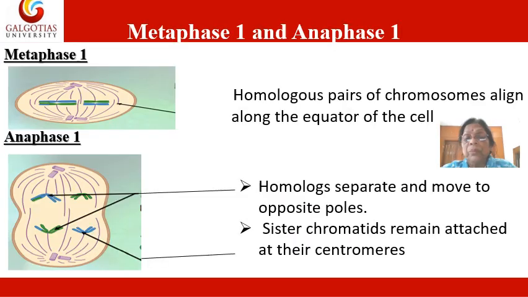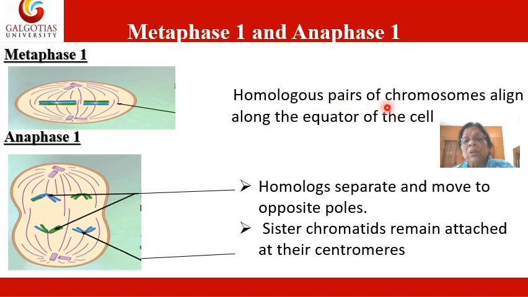So now metaphase 1 and anaphase 1. In the case of meiosis, Prophase 1 is very important, because during Prophase 1 the phenomenon of crossing over takes place, and that is followed by metaphase. Metaphase, as we know, is the process when all the chromosomes arrange themselves in the equatorial region of the spindle which is formed.